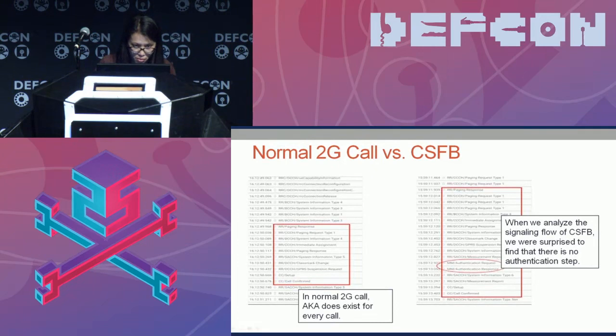This figure is the authentication request and the response. So in a normal 2G call, we find AKA does exist for every call. But in the 4G network, in the CSFB case, the network doesn't require authentication. We found this may be the root of this problem. It was introduced by the CSFB procedure.